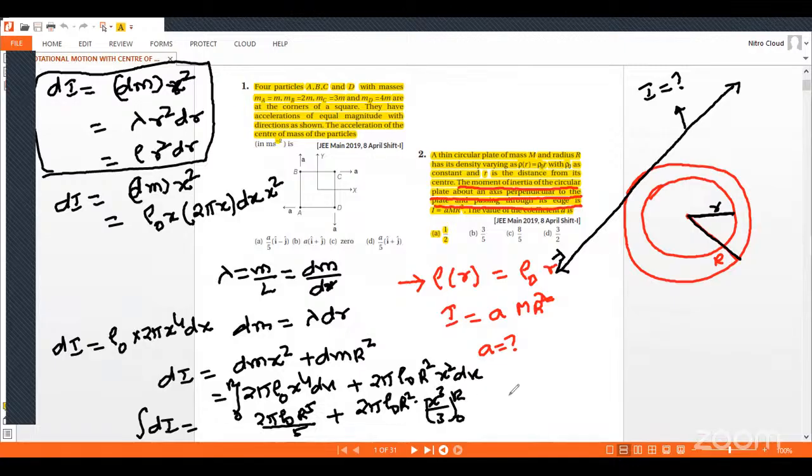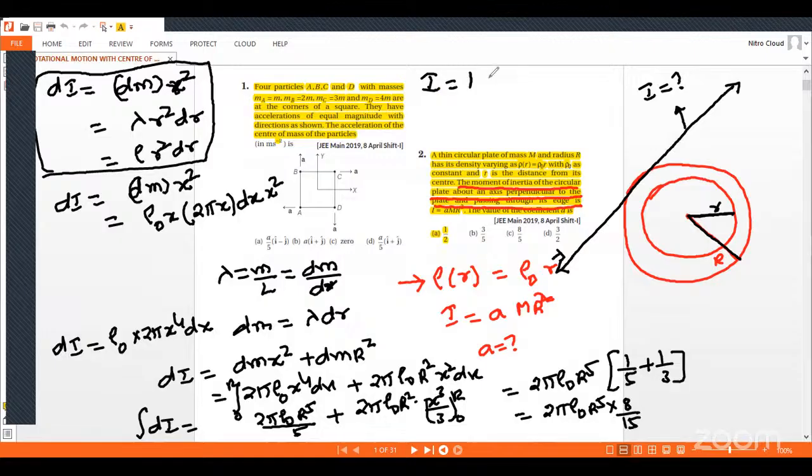That is 2 pi rho naught r power 5, take common 1 by 5 plus 1 by 3. That is 2 pi rho naught r power 5 into 8 by 15. So, moment of inertia is 16 pi by 15 rho naught r power 5.